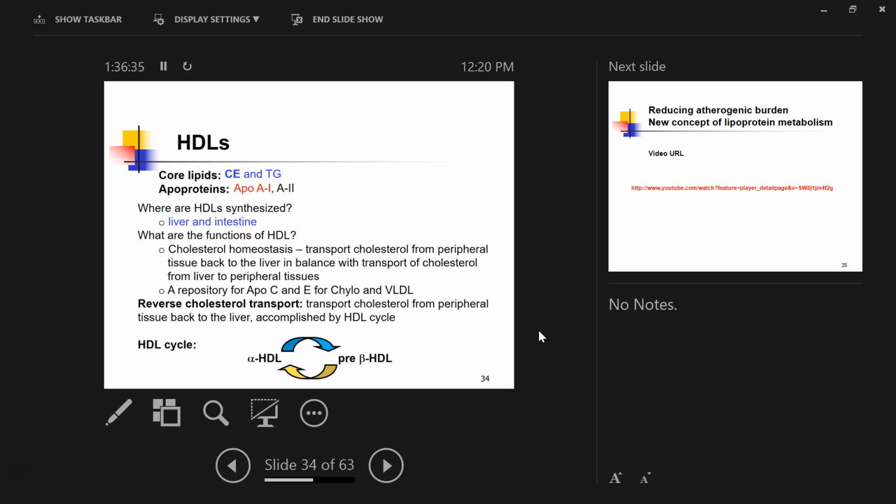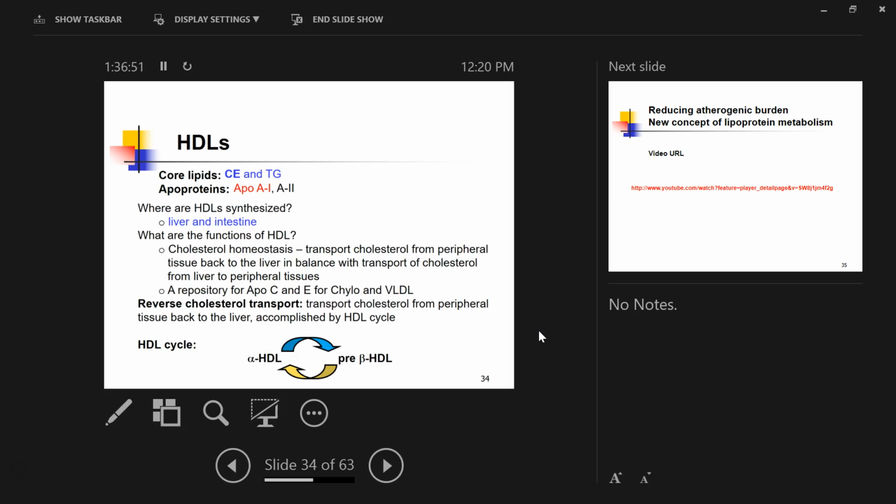The cholesterol needs to be disposed of, and HDL does this function, transporting unnecessary cholesterol from peripheral tissue back to the liver for disposal.